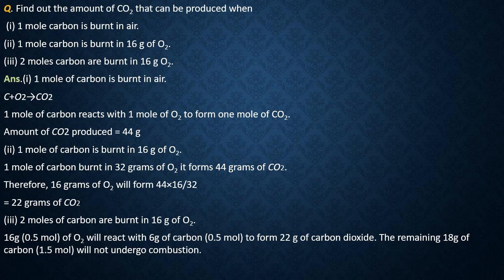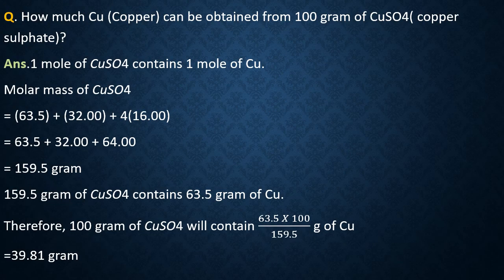How much copper can be obtained from 100 gram of copper sulfate? What is 1 mole of copper sulfate, its molar mass? It is 159.5 gram. Now please see, in 159.5 gram of copper sulfate, how many grams of copper are there? 63.5.